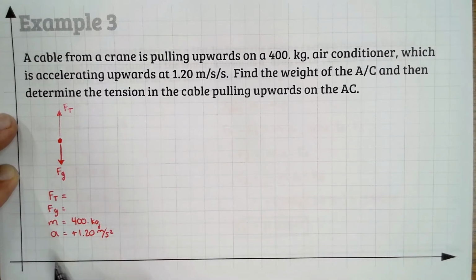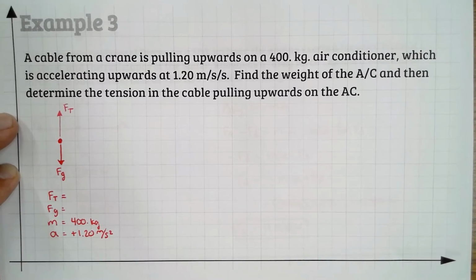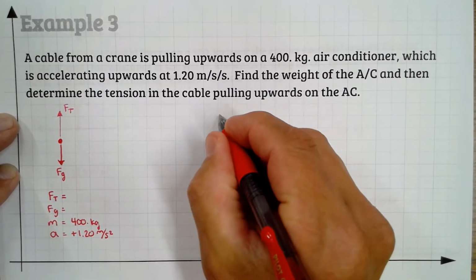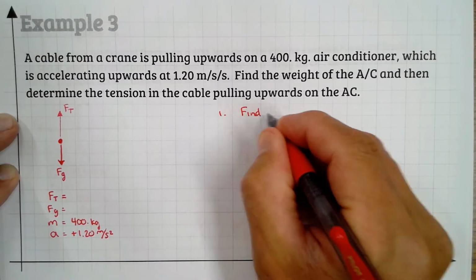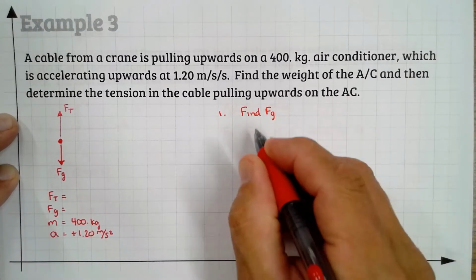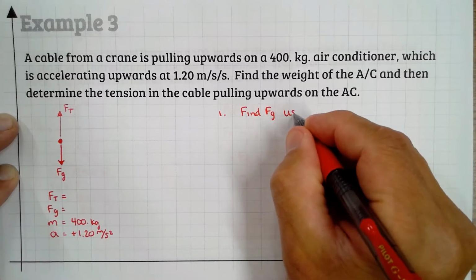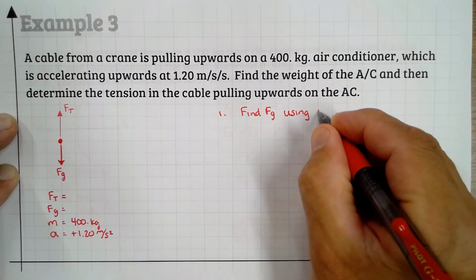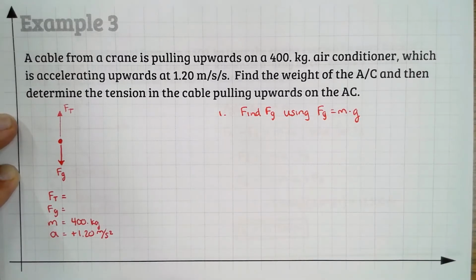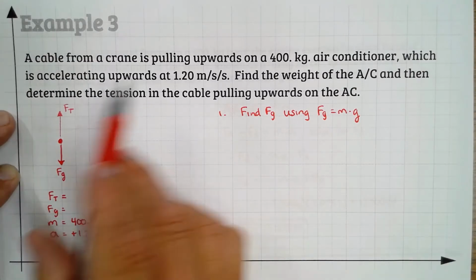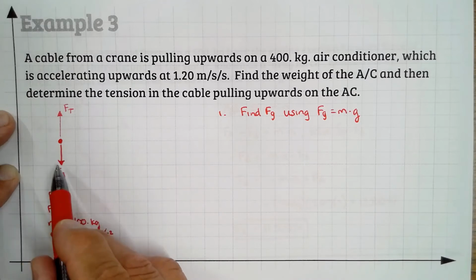Okay? So the first thing we are going to do, the first step, is to find the weight. And this is always the same. To find the weight, we just use the fact that the weight equals m times g. That's our first step. Okay? So we're not told the weight, we're not told the downwards force on the air conditioner, but we can always find it because it's always m times g.